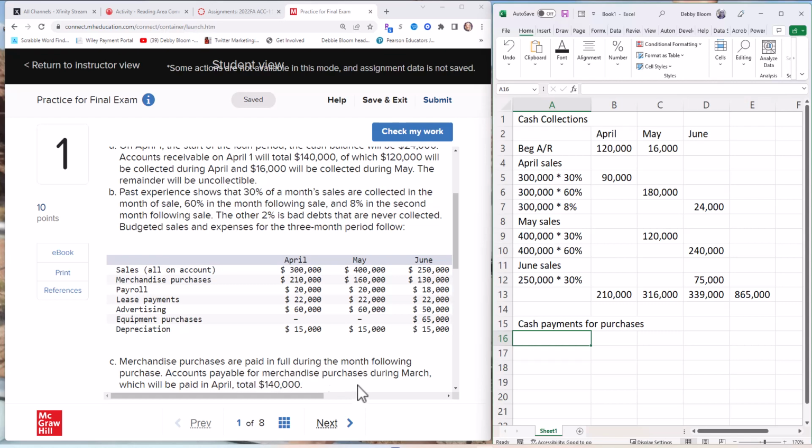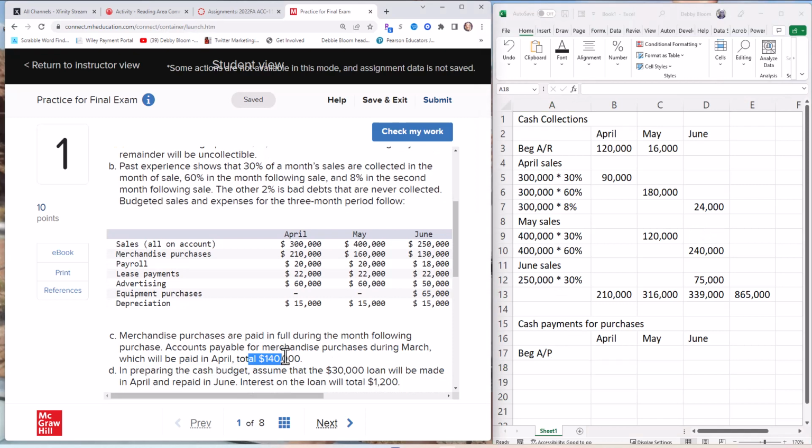Accounts payable for merchandise purchases during March, which will be paid in April, total $140,000. So I'm going to once again budget the cash payments for April, May, and June. We're told that our beginning accounts payable of $140,000, extra information C, will be paid in April.